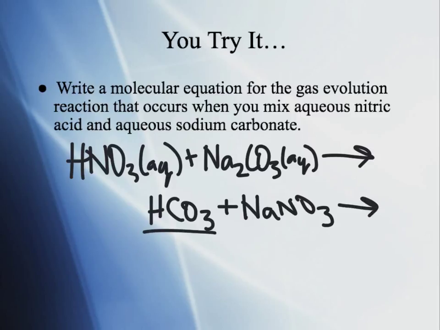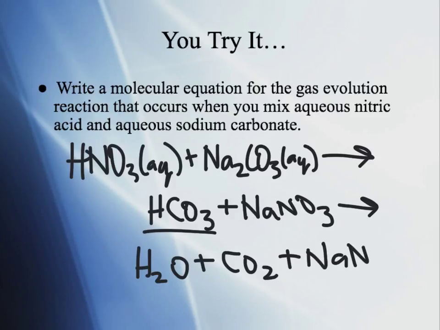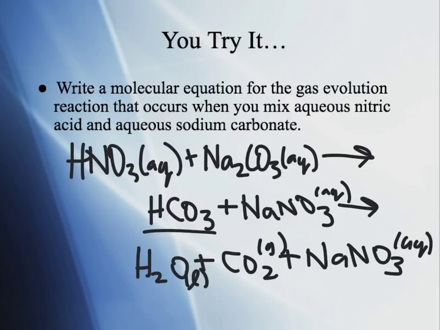So we're going to have H2O plus CO2 plus NaNO3 in the end. All right, so this guy is an L, this guy's the G, and this guy is an AQ because of our solubility rules. All right, there you go.